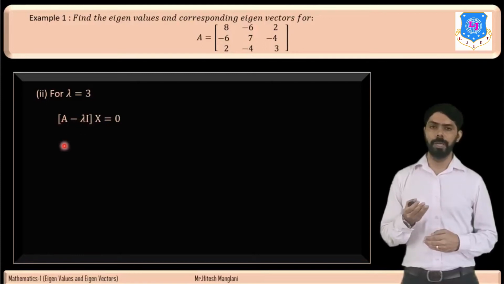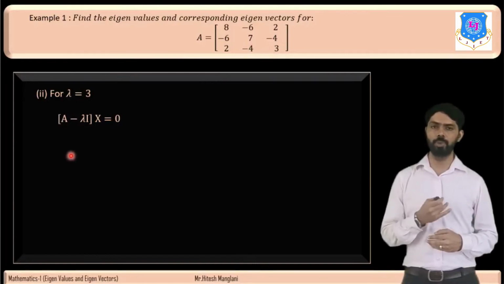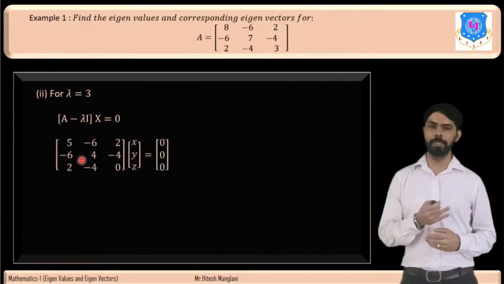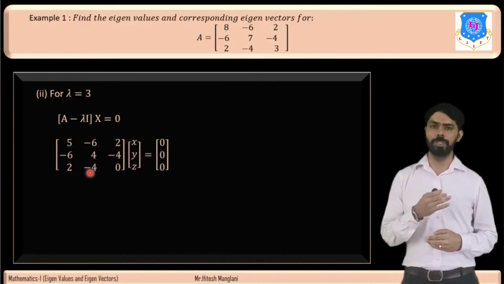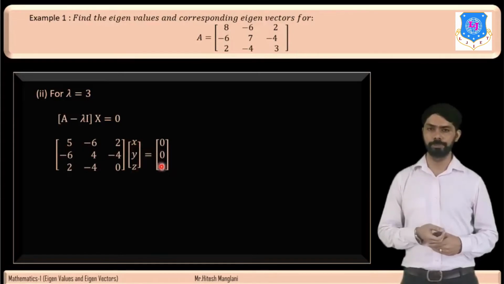Here lambda is 3, so 8 minus 3 will be 5, 7 minus 3 will be 4, and 3 minus 3 will be 0. Therefore the matrix will be 5, minus 6, 2; minus 6, 4, minus 4; 2, minus 4, 0, and capital X is [x y z] is equal to [0 0 0].